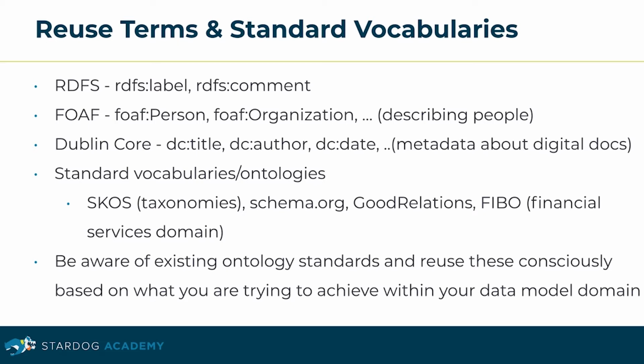The Dublin Core metadata ontology allows us to define metadata about digital documents. And other standard vocabularies and ontologies exist, such as SKOS, defining the structure of taxonomies, hierarchy relationships and controlled vocabularies, schema.org, GoodRelations, and FIBO for the financial services domain. Be aware of existing ontology standards and reuse them consciously based on what you're trying to achieve within your data model domain.